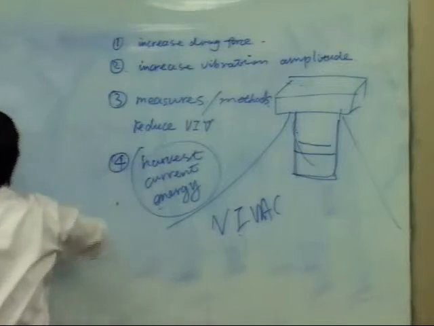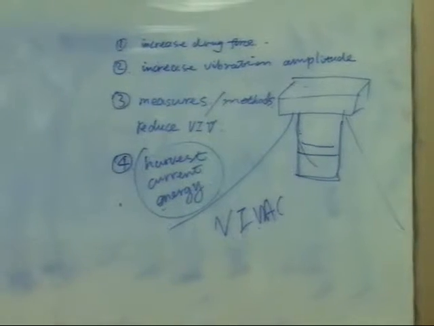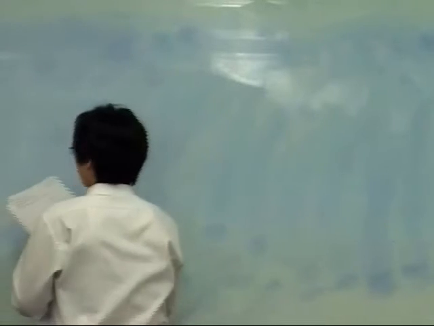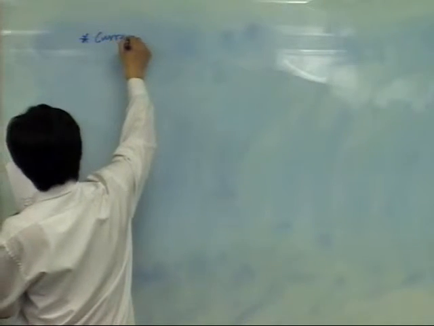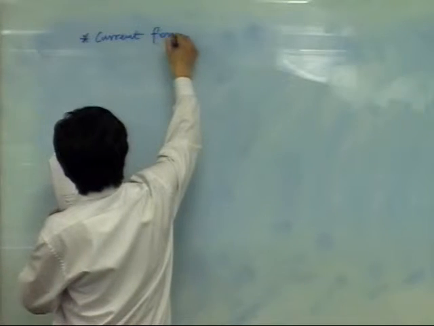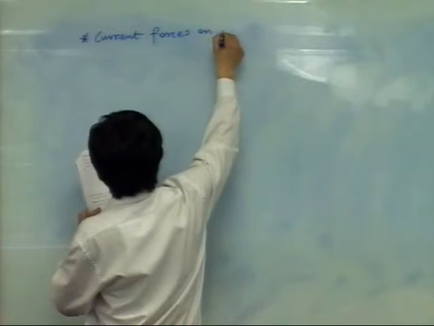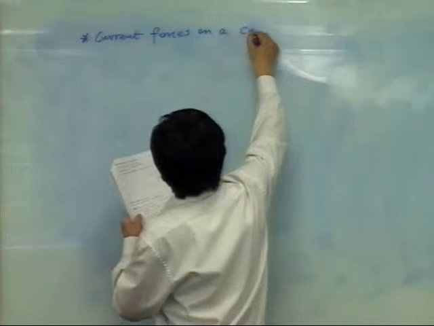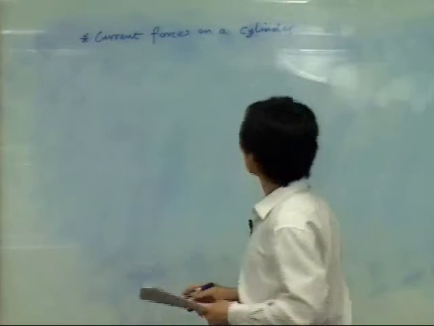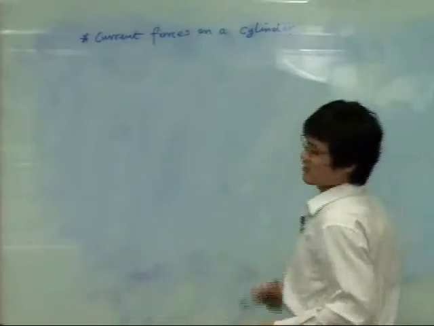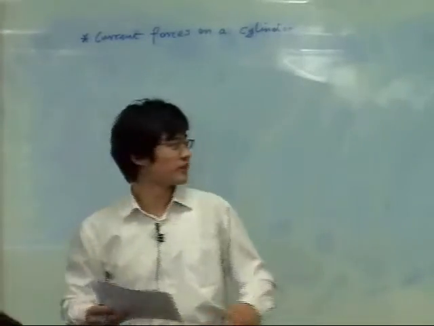So now let's look at the current forces on a cylinder. Here, cylinder means something like a riser, a mooring line, or the structure of this bar, the hull.